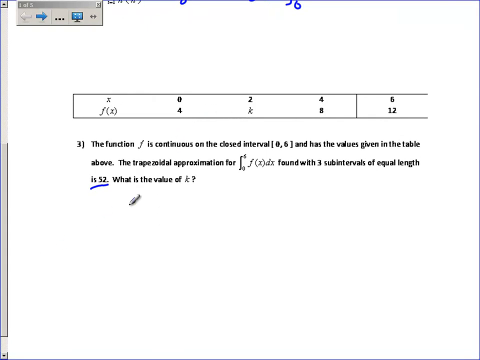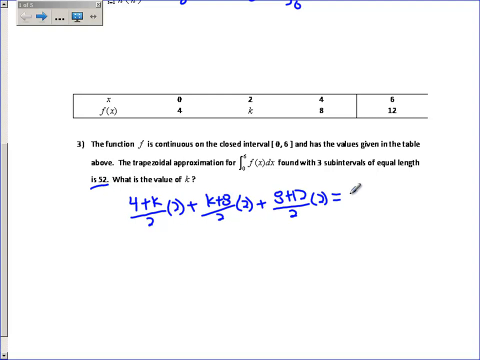The first trapezoid would be base 1 plus base 2 divided by 2 times the width. The second one is going to be base 1 plus base 2 divided by 2 times the width. And then the third one is going to be base 1 plus base 2 divided by 2 times the width. And I know that all of this equals 52.